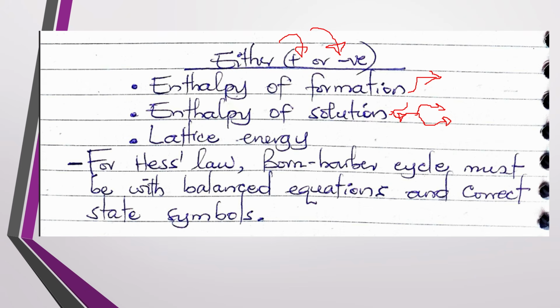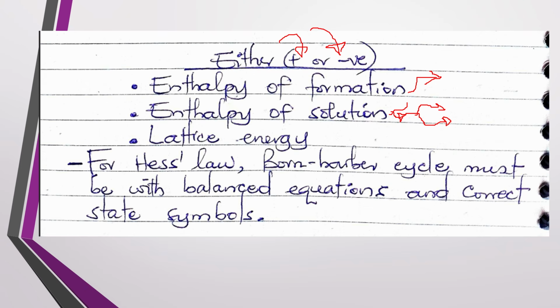So make sure that you take note of that. It's lattice energy and hydration energy that affect enthalpy of solution. So if I ask you for factors affecting enthalpy of solution, it's going to be lattice energy together with hydration energy.